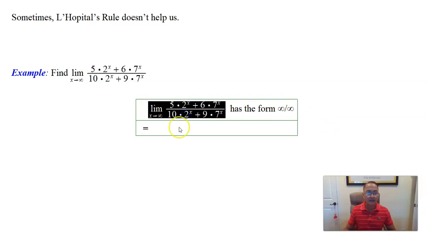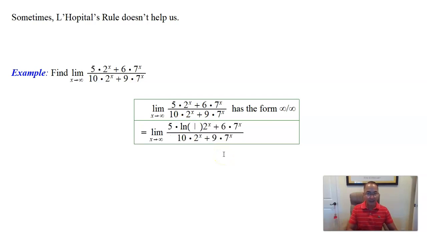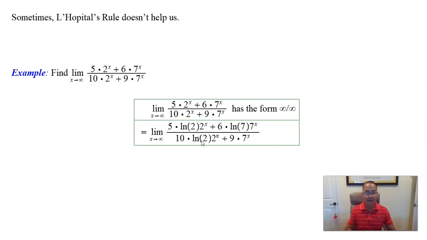What is the derivative of the numerator? Remember that the derivative of a to the x is a to the x ln of a. So we're going to get the same thing, but there's an extra ln of 2 in the first term. Similarly, we will have an extra ln of 7 in the second term. Repeat down here. That will be an ln of 2, and there will be an ln of 7 over here.